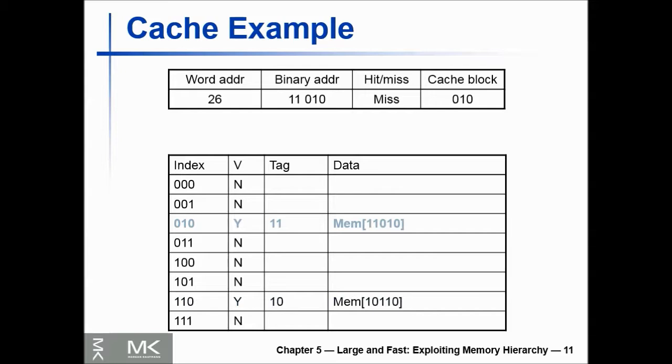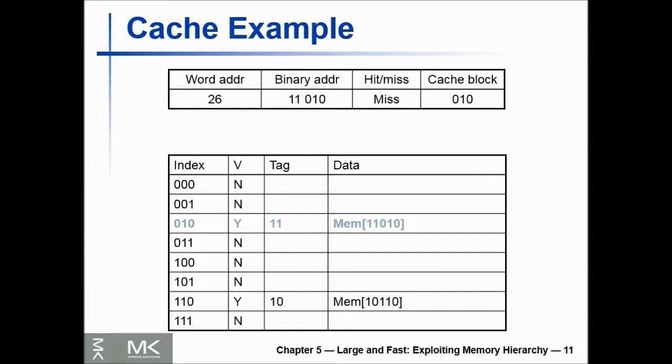If we want to see another word, for example 26, first of all we convert this word into binary, 01011. These 3 bits, 010, are used for the index of the cache.